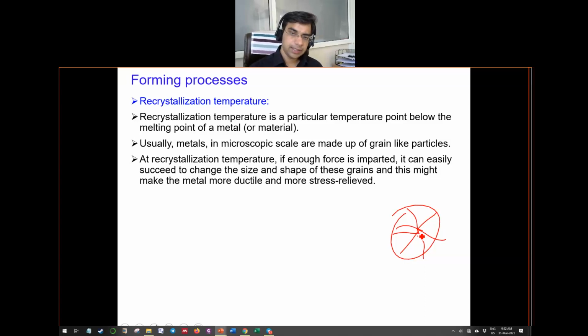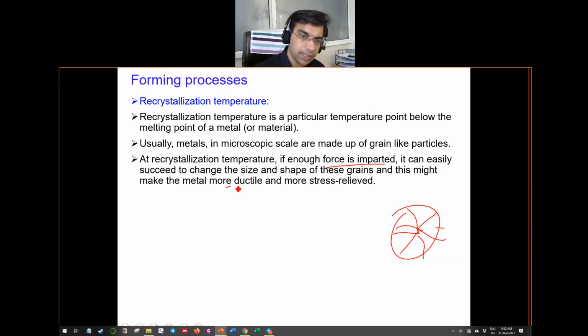At the recrystallization temperature, the benefit is that even a small applied force can easily change the shape and size of these grains. This means that the temperature is just sufficient to change the shape and size of the grains, thus making the material more ductile and stress relieved.